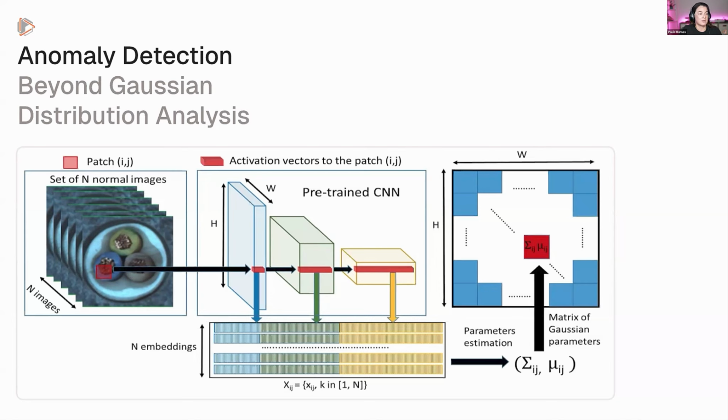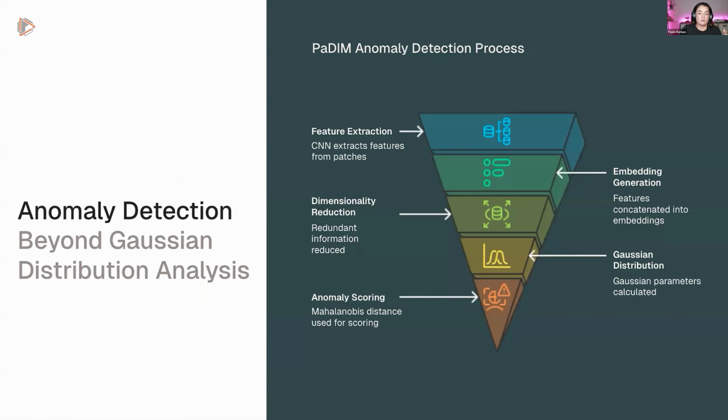I know this may be too complex, so let's make it a little easier. The PaDiM process uses pre-trained CNNs to extract features, applies dimensionality reduction, and computes the Mahalanobis distance to identify anomalies. Just think: the model knows what is normal, so the abnormalities stand out.